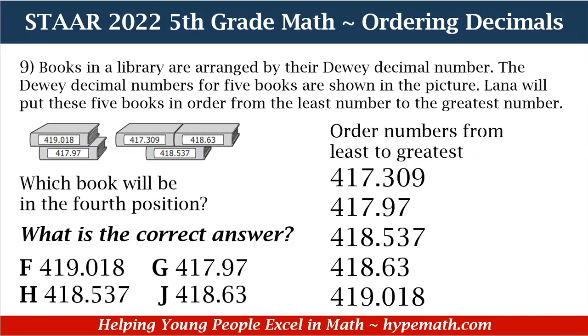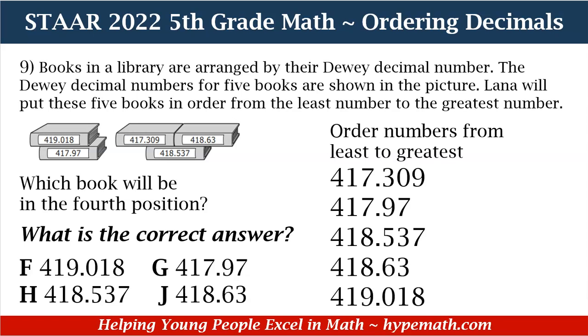So what is our correct answer? Again, we're looking for the book that will be in the fourth position. Since we know that our list is ordered from least to greatest, all we need to do is count down to the fourth number, and that is the correct answer.